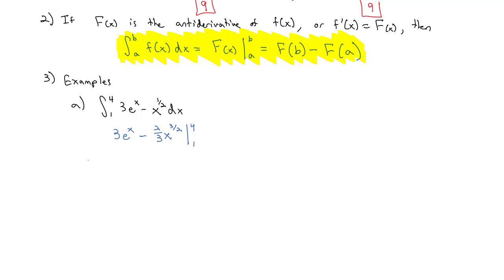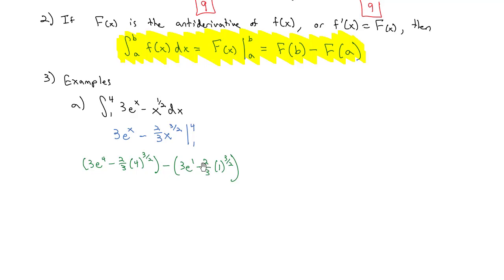That means we're going to plug 4 in. And we have 3 times e to the 4th minus 2/3 times 4 to the 3/2. And then we'll subtract, plugging the 1 in. 3 times e to the 1st minus 2/3 times 1 to the 3/2 power. And notice those parentheses are very important because that minus sign isn't just subtracting the first term.